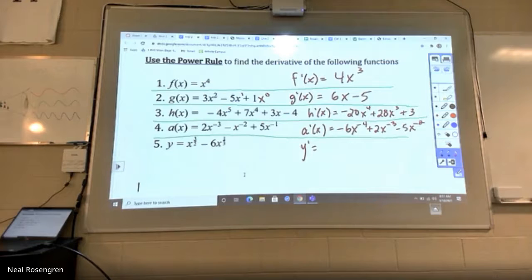Decrease by 1, the negative numbers are going to get more negative. Be careful there. And just watch your signs to make sure you're multiplying things together.